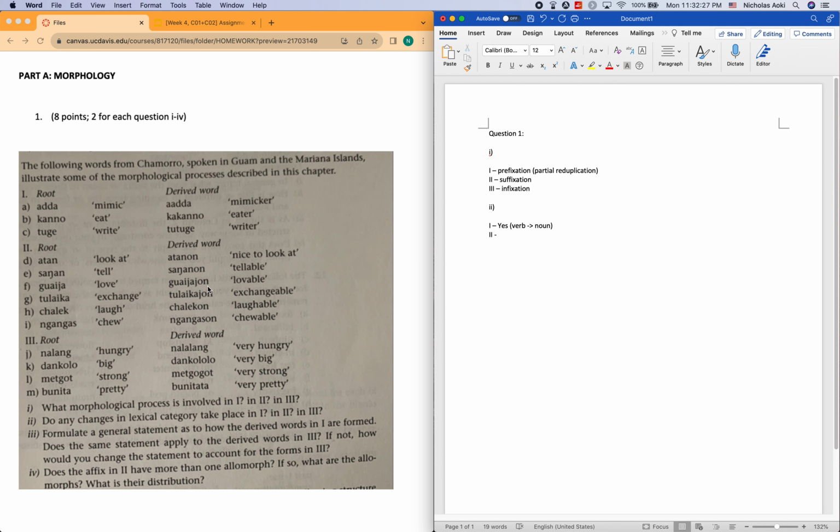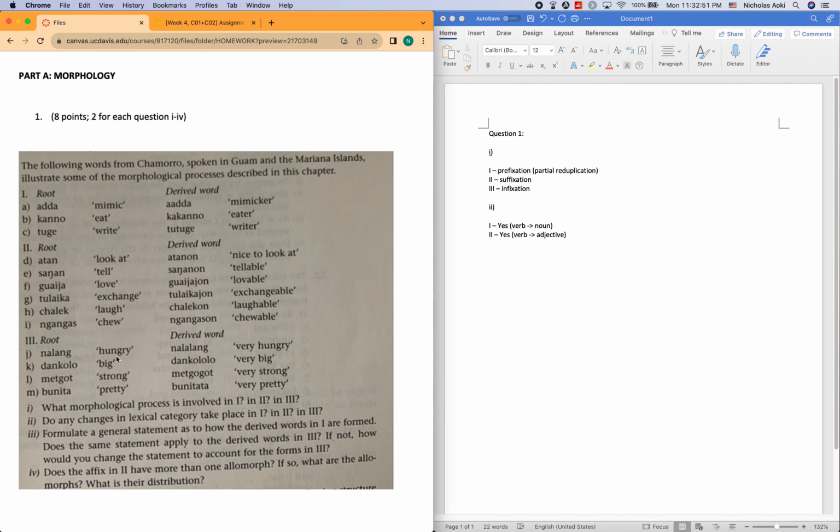What about number 2? We have verbs on the left-hand side. Look at, tell, and love, etc. And we derive them to get different adjectives. Nice to look at, tellable, lovable. So the answer would be yes. Here it's a verb to an adjective. Finally, number 3.